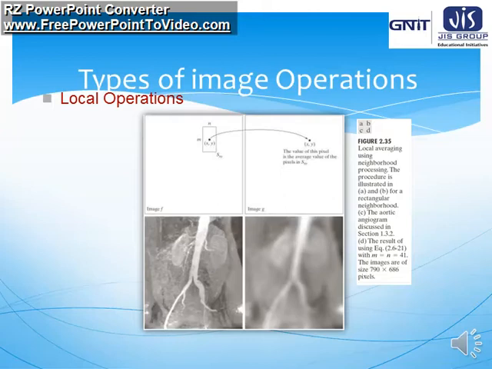If we compare the first image with the second image, the third image is the corresponding angiogram, and the last image is the result of using m equals n equals 41. The images all have the same size, that means 790 by 686 pixels. So this is the operation of local processing.